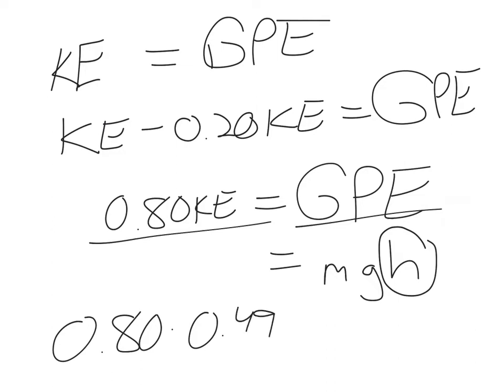I can do that on my calculator right now. 80% of 0.49 looks like 0.39222, but I'm rounding because, again, it's a 2 sig fig problem. So I'm going to get 0.39 meters, almost 2/5 of a meter. Okay, that's how we're going to do that one.